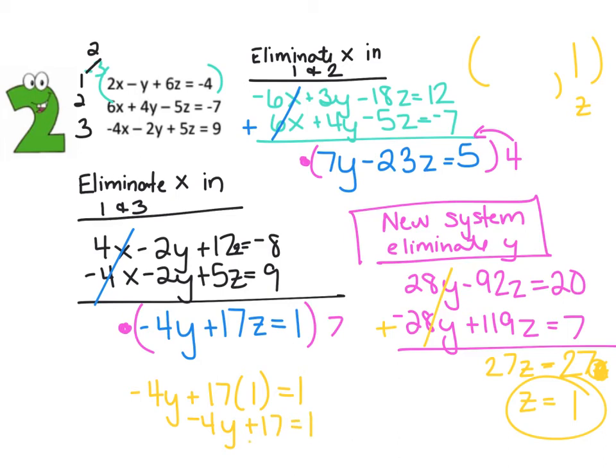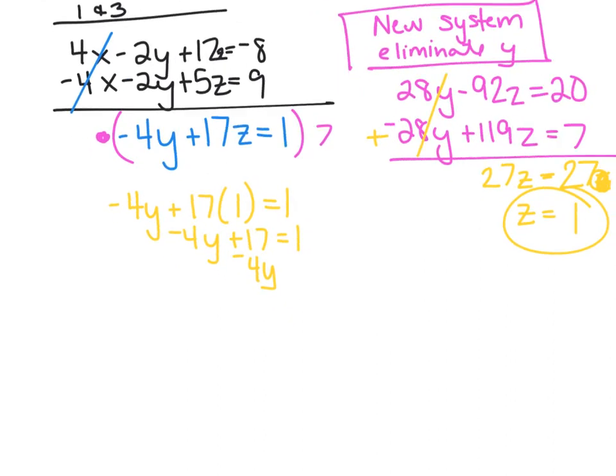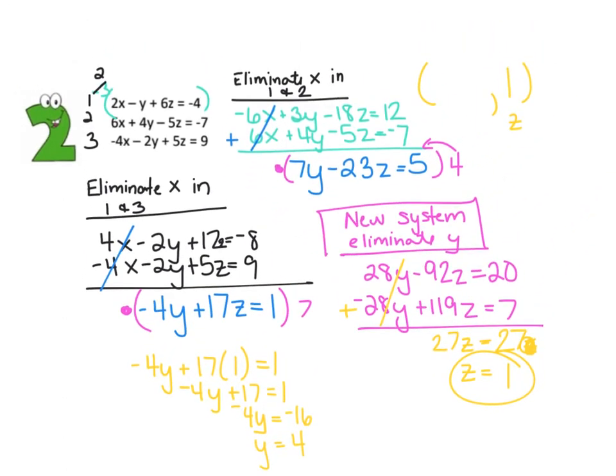I'm going to subtract 17 from each side, which gives me -4y equals -16. Divide both sides by -4, so y equals +4. So in my ordered triple, I've got my y, and now I need my x.